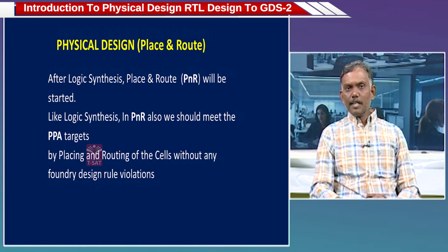In fact, the gates are not placed physically. We have the connectivity. Based on the connectivity of the design, we are calculating the delays and the power numbers. And for those numbers, we are checking the timing analysis, STA, as a part of synthesis.